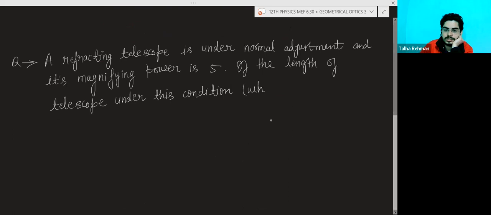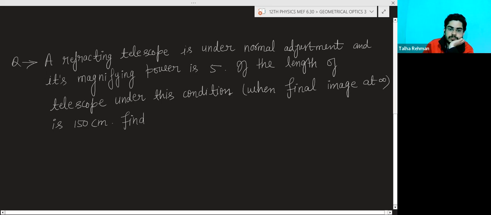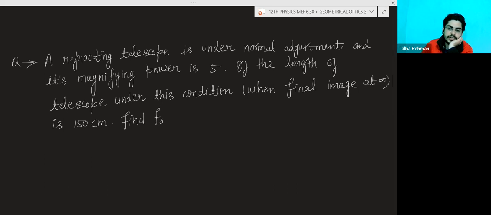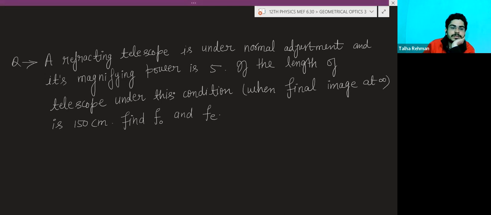So it is given in the question, when final image is at infinity, if the length of telescope under this condition is 150 centimeter, find FO, the focal length of the objective lens, and Fe, the focal length of the eyepiece lens. Very easy question.